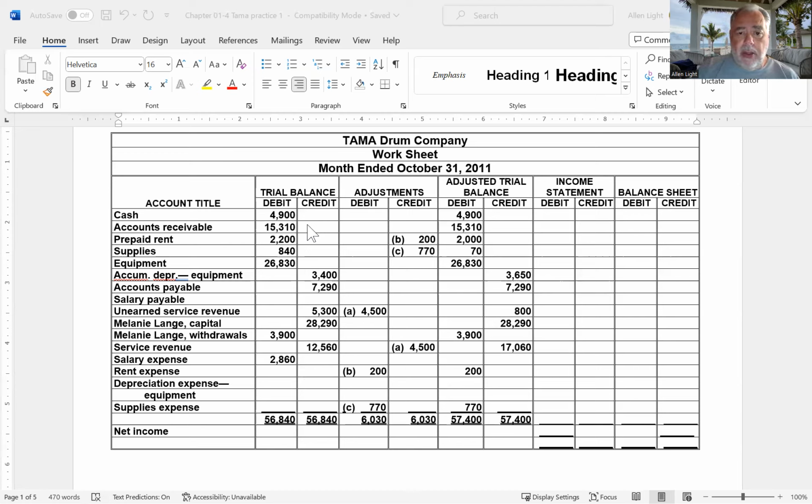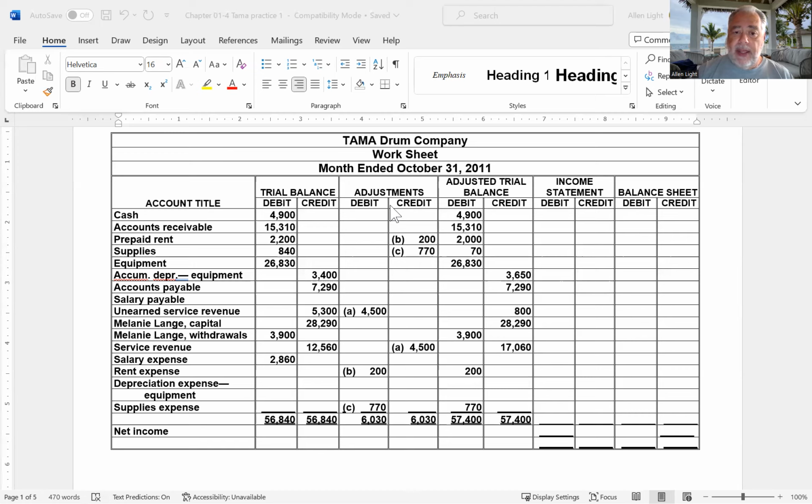Now, what we're going to talk about in Chapter 3 is adjustments. Adjustments happen because we have to account for things that technically might not have happened yet, but we have to account for them. Remember the principle: expenses and revenues have to be recognized in the period that they either were earned or occurred, okay?